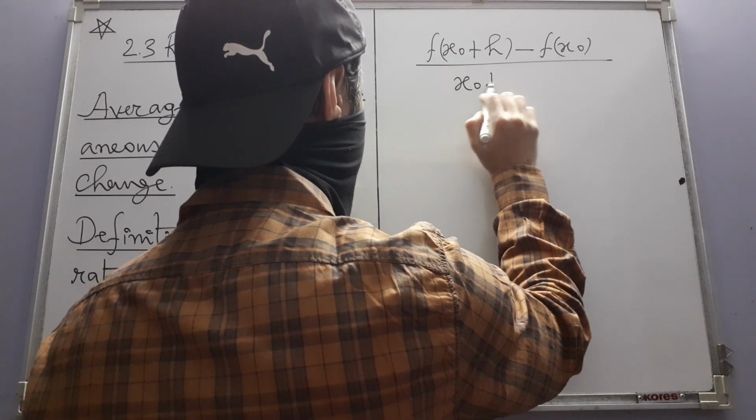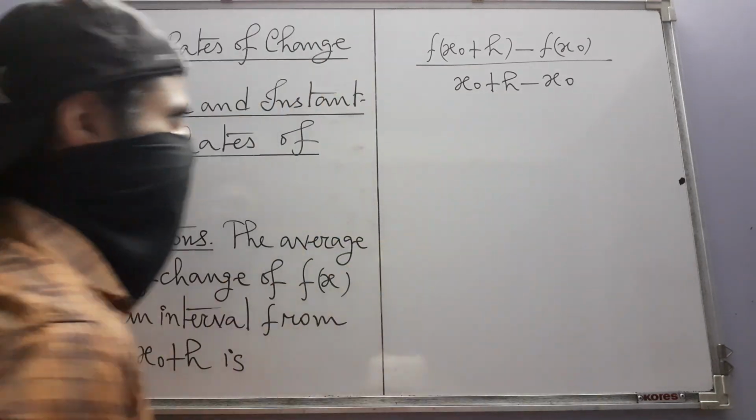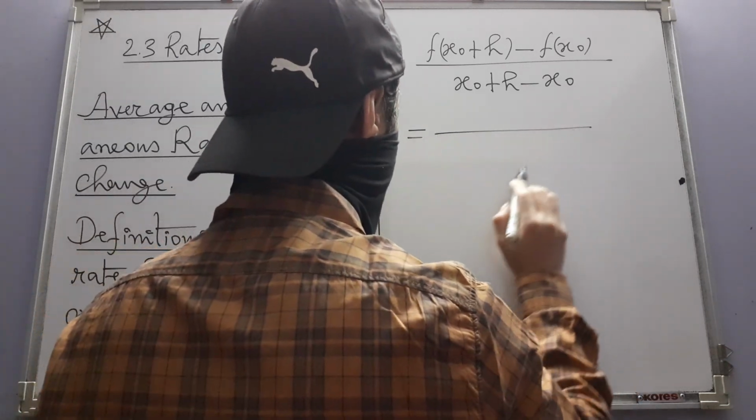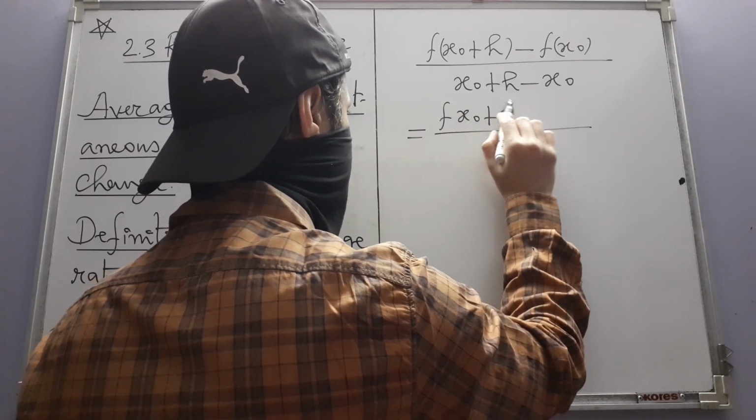The input value changed from x naught to x naught plus h, so that difference, the denominator, reduces to h. So the rate looks like this.